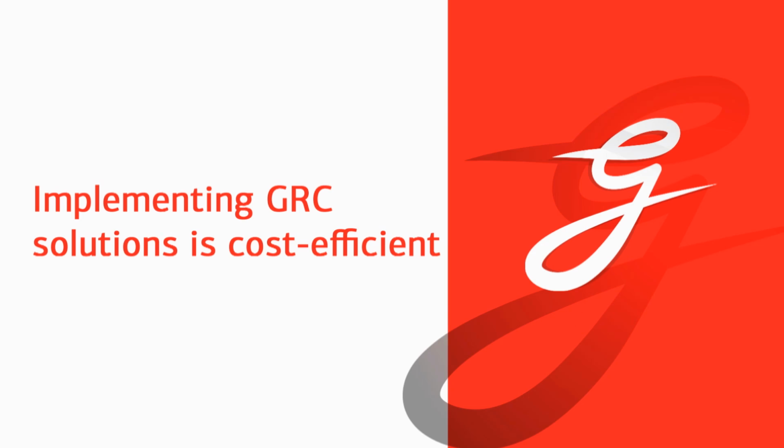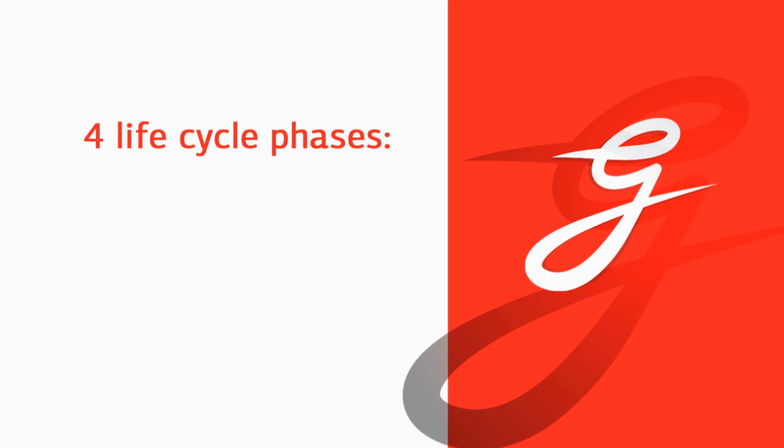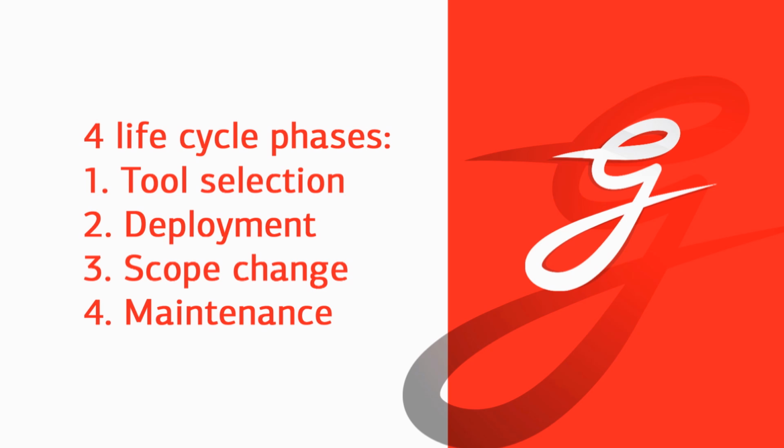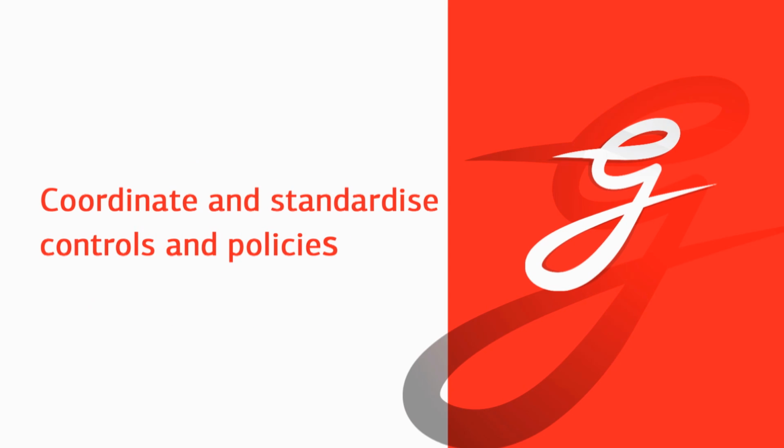The GRC tool lifecycle consists of 4 phases. The first is tool selection, second, deployment, third, scope change, and fourth is maintenance. IT GRC tools provide coordination and standardization of policies and controls.